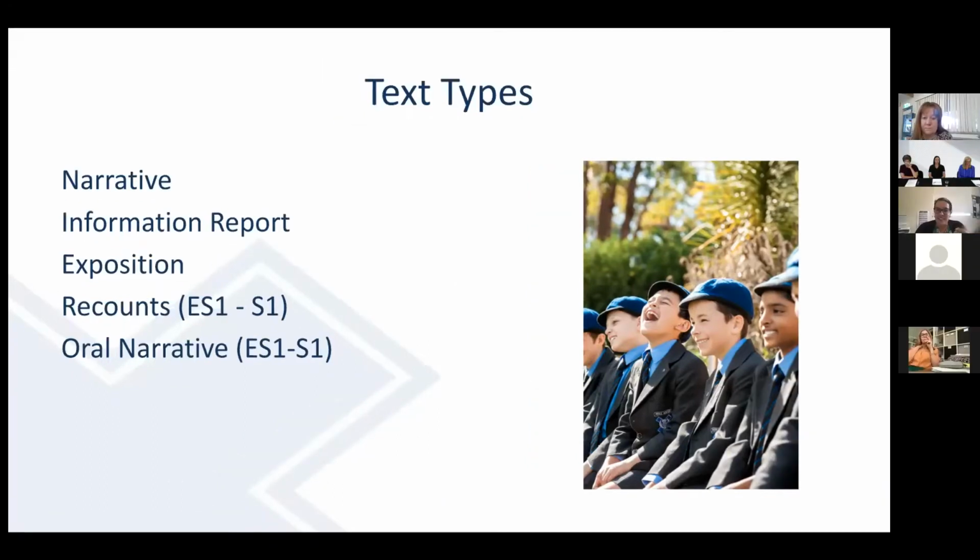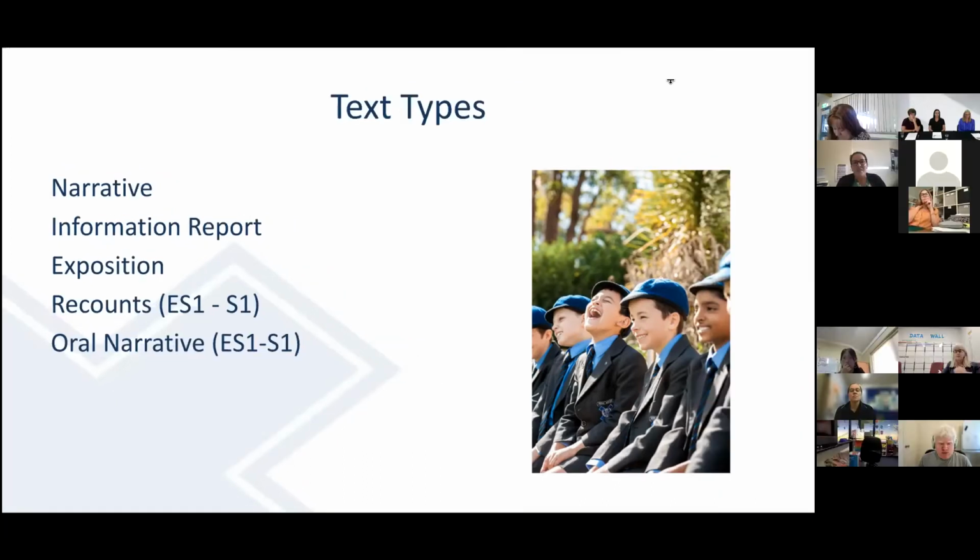So these are the text types, I guess, for want of a better expression, that Brightpath has available. And in particular, in years 2 to 6, we utilise the narrative, the exposition and the information report. At the moment at Knox, we've been really focusing on the oral narrative in kindergarten.